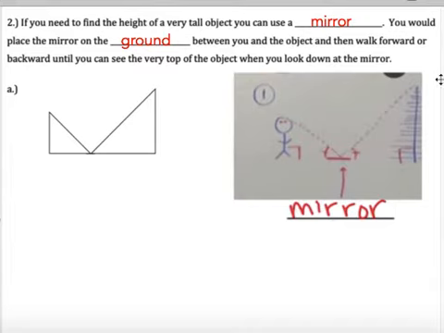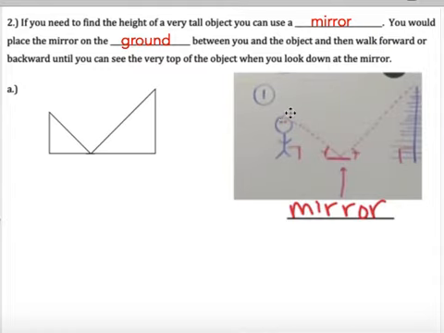Okay? All right, so let's say we have a really tall tree, and this picture's not in your note guide, so just kind of follow along here. So we have a really tall tree. We place a mirror on the ground, and then a person would walk backwards, right?